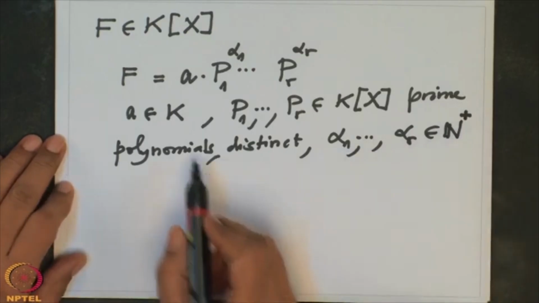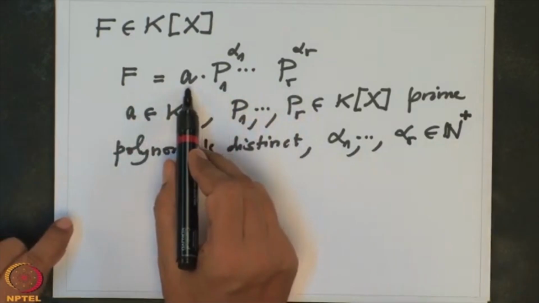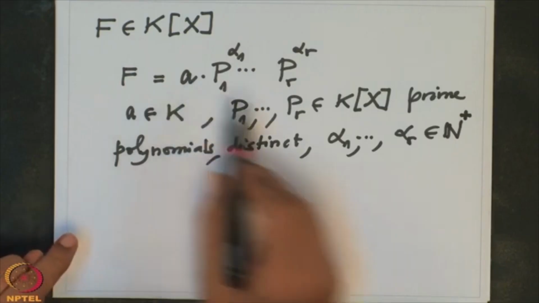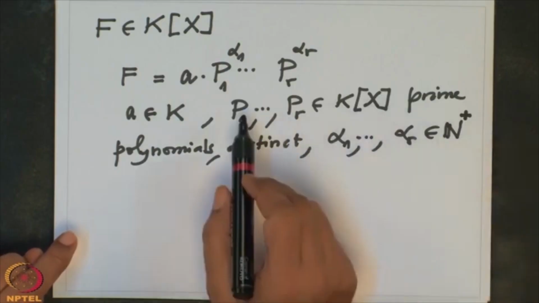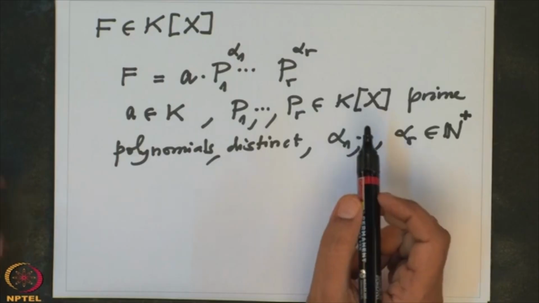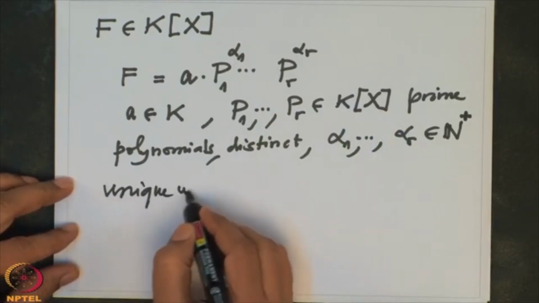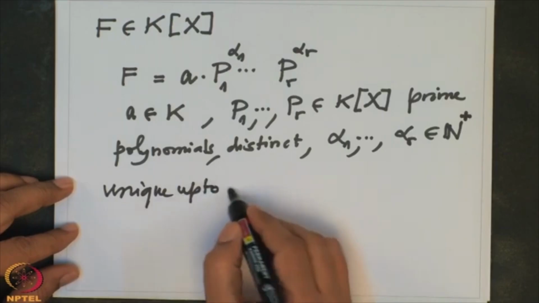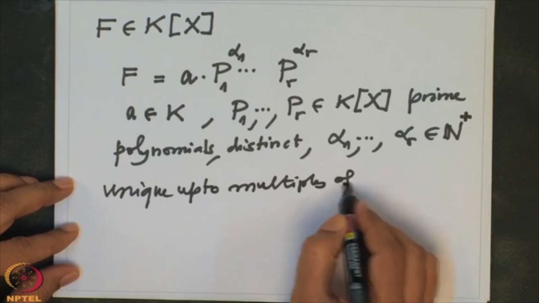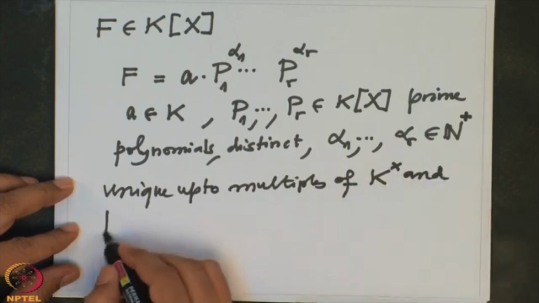And again, such a factorization is unique. Unique up to what? Unique up to multiplication by elements of K cross. And now there is no way that we can say P1 less than P2 and so on. We have to just say that it is unique up to multiples of K cross and permutation.